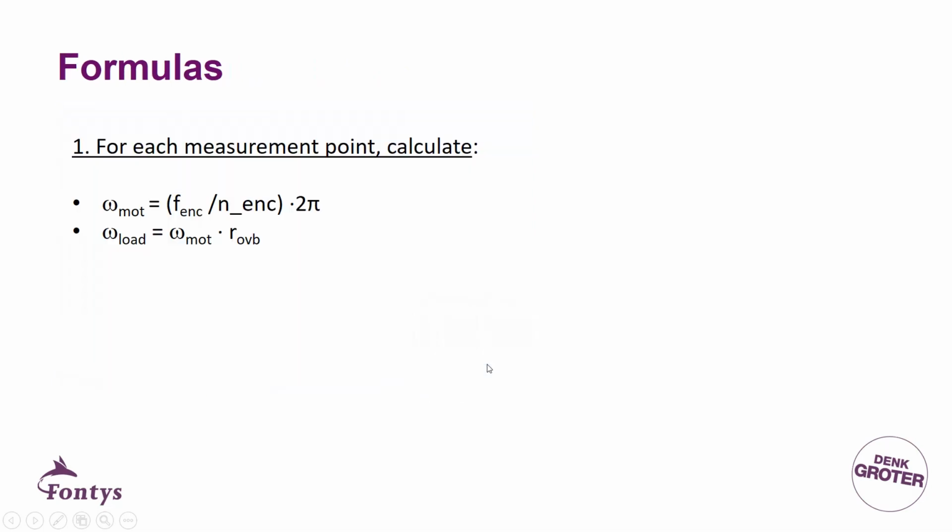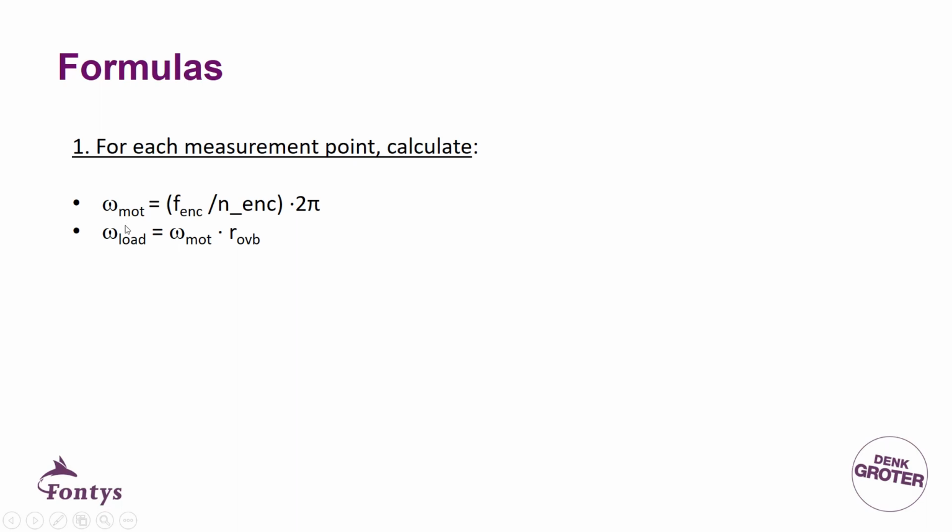So for every measurement point we can calculate a couple of things. First of all, we are going to calculate the angular speed of the motor. And we can do that by using in every measurement point the measured encoder frequency. We divide that by the number of pulses per revolution, 500 in this case, and we multiply it by 2 times pi. So in that way we get the angular speed of the motor.